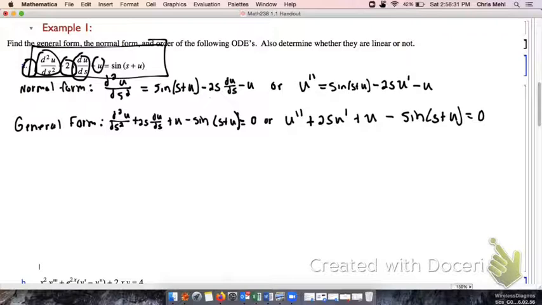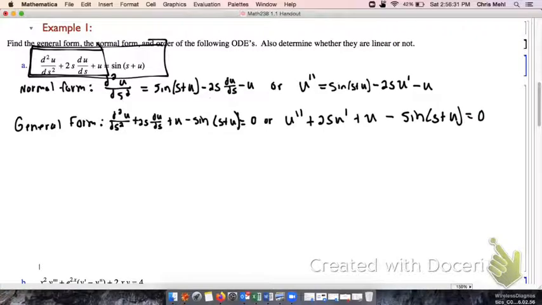So notice that the dependent variable and its derivatives appear in each term, and the coefficient functions are only in terms of s. So the left side is okay. It's some function of s times the second derivative, plus some function of s times the first derivative, plus some function of s times u. That's exactly what you want.